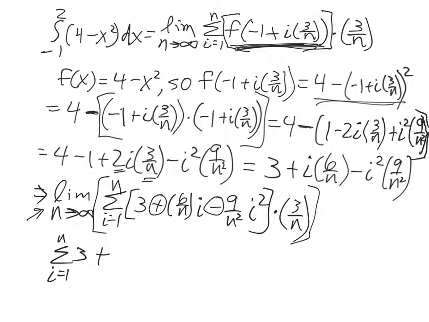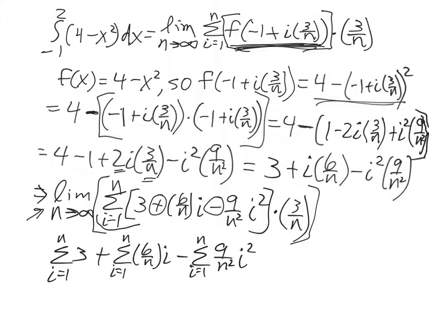So we can say the sum of 3 plus the sum of 6 over n times i minus the sum of 9 over n squared times i squared. Now, all we're worrying about right now is this. We'll need to remember to multiply that result by the 3 over n and then take the limit, but we've got a ways to go before we get there.